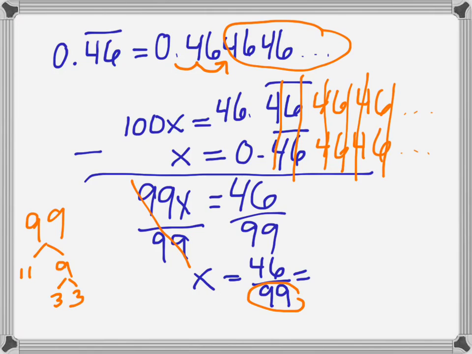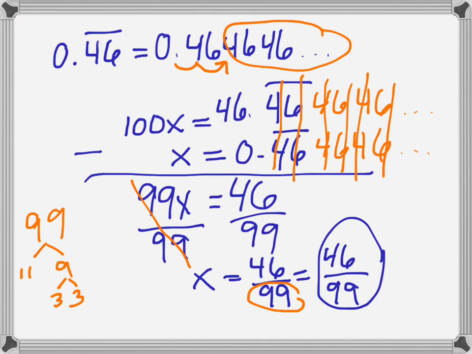So we're going to have a bunch of 3's, and in many cases an 11, something like that. All right, so in this situation, I just need to check if this number is divisible by 3 or by 11. And looking at the numerator, 46 is not divisible by 3. Okay, and you can use a calculator to check that. And it's definitely not divisible by 11. So this is in lowest terms.